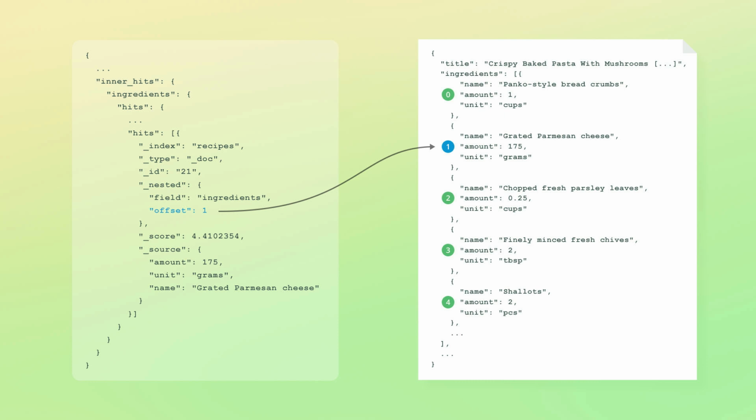Note that the offset begins at 0. Inner hits are sorted by their relevance scores by default, so the order in which they appear may differ from the one within the document's _source object. The offset therefore tells us where the inner object appears within the _source object.